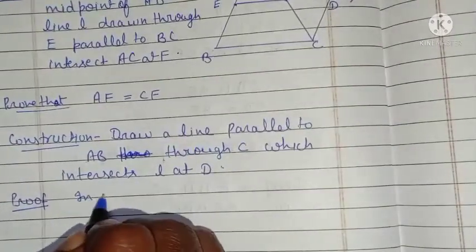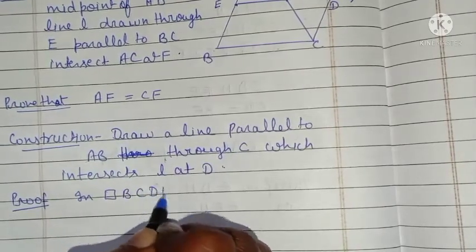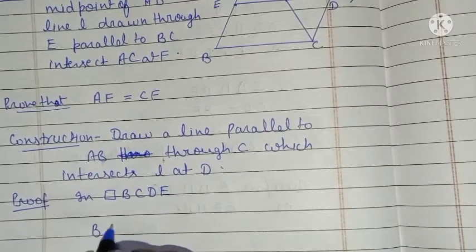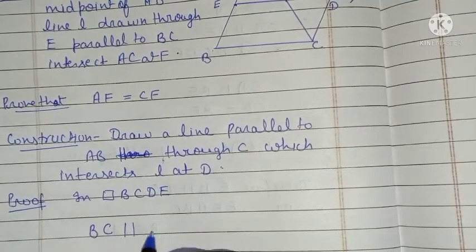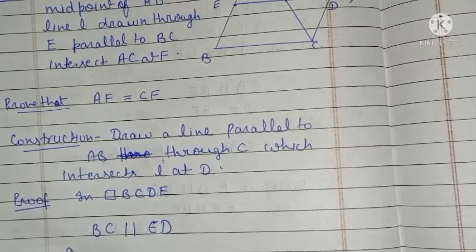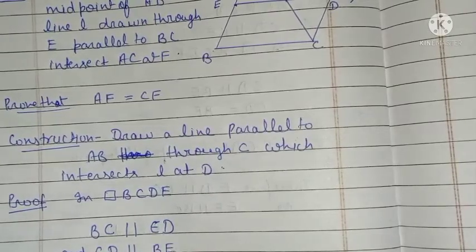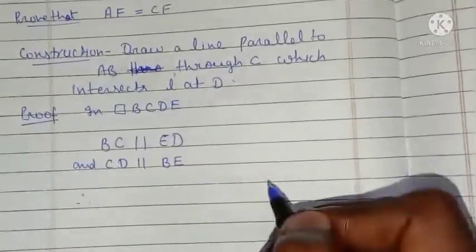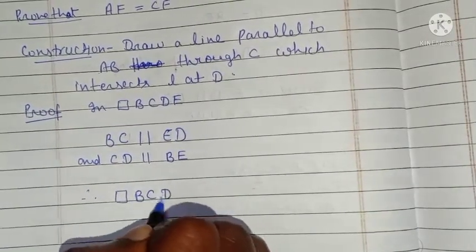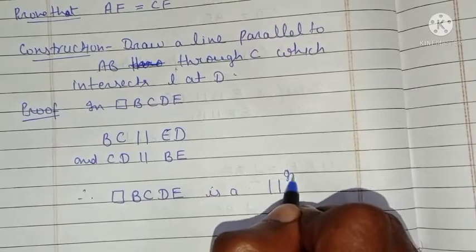In quadrilateral BCDE, BC is parallel to ED and CD is parallel to BE, hence quadrilateral BCDE is a parallelogram.